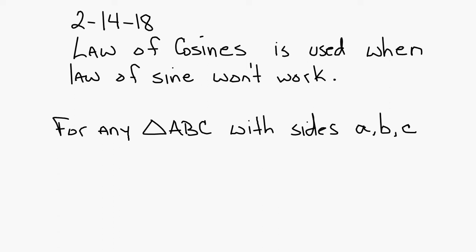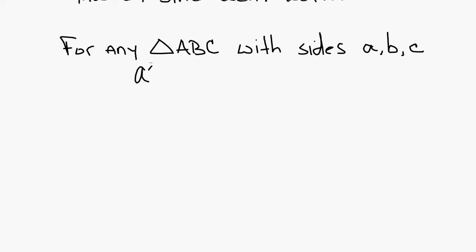For any triangle ABC with sides lowercase a, b, c, a squared is equal to b squared plus c squared minus 2 times b times c times cosine of A. Now watch the pattern.